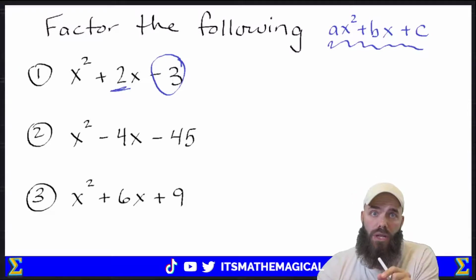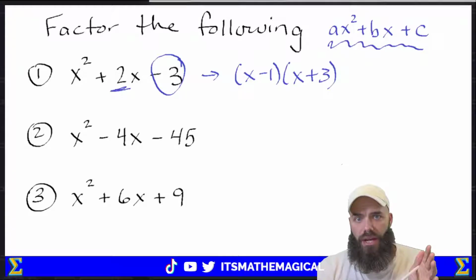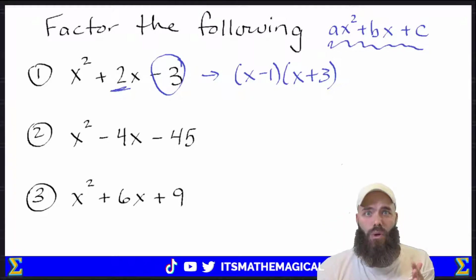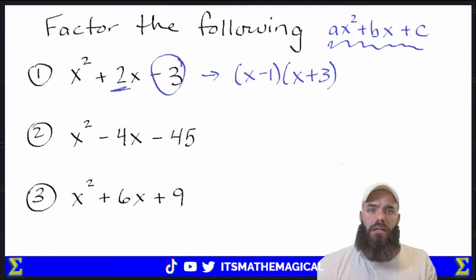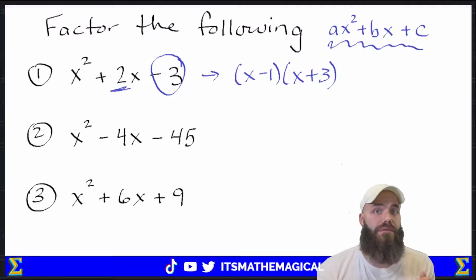Well, we make the 1 negative. There are your factors: x minus 1, x plus 3. If you FOIL that out and combine like terms, you'll see that it equals the exact quadratic on your screen. All right, number 2 is x squared minus 4x minus 45.